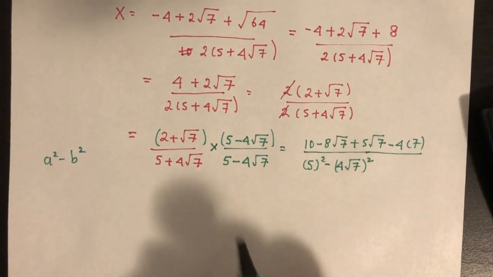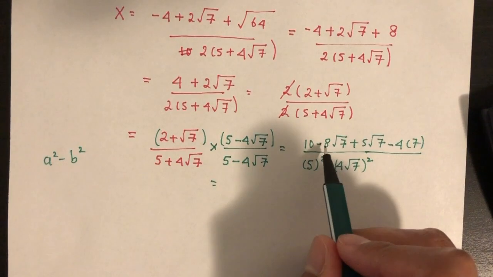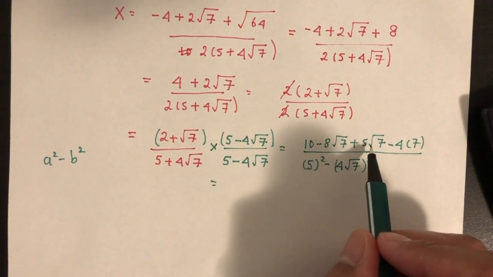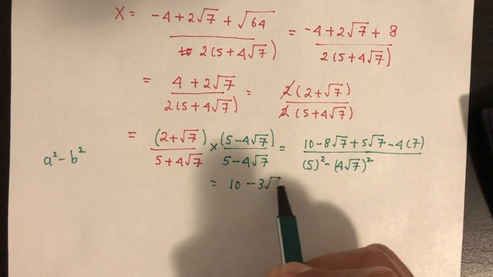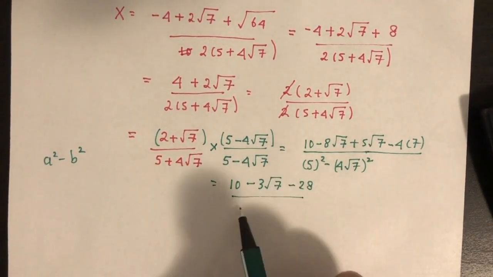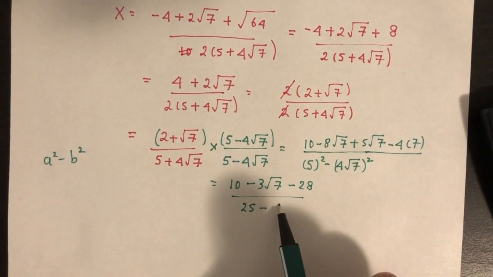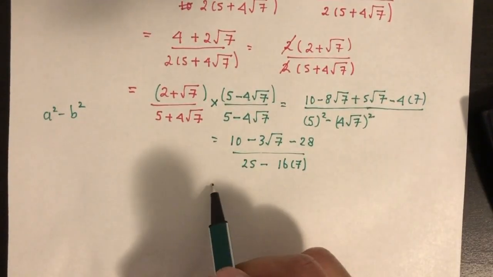Okay, if you simplify, you'll see what we have. So this is minus 8 plus 5. That will give you 10 minus 3 root 7 minus 28 over, this is 25 minus 16 times 7. Okay, almost done.